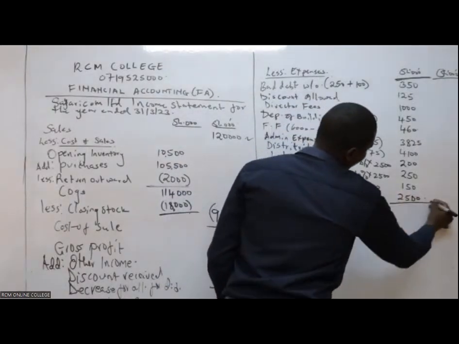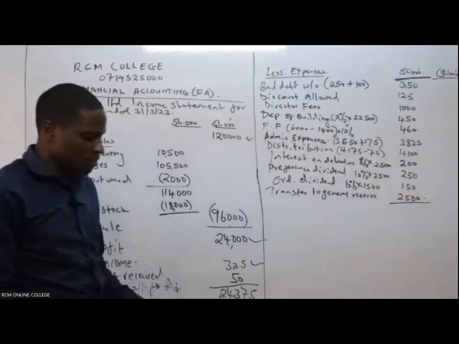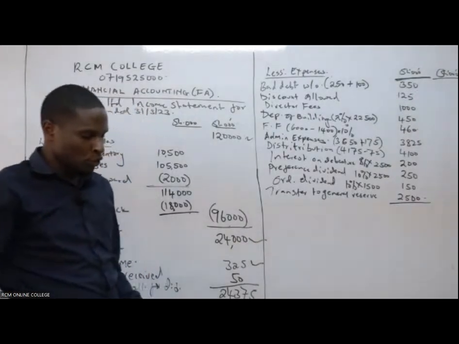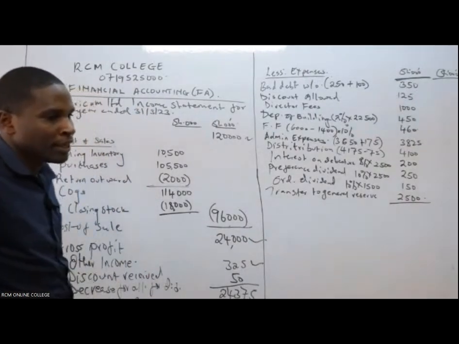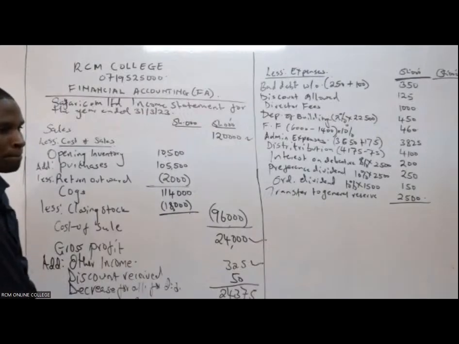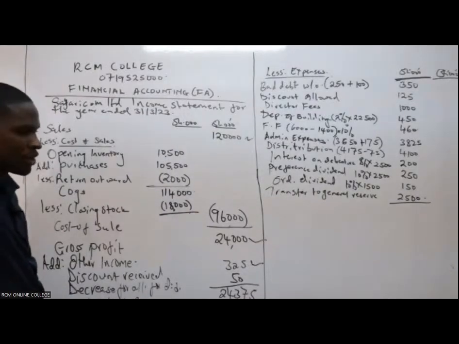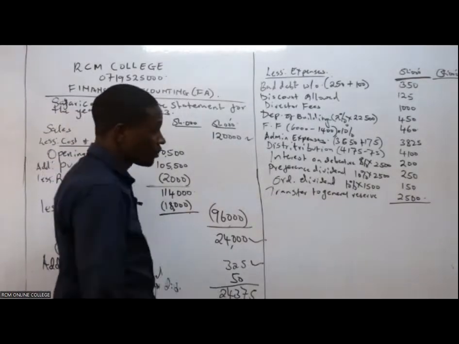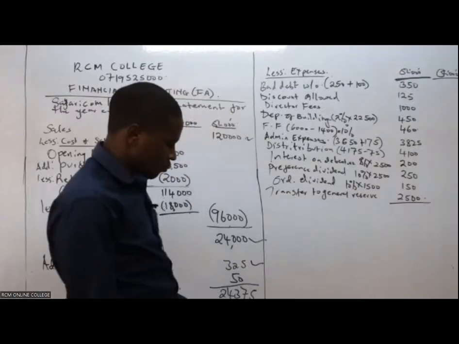And then you have to add and tell me what our total expense will be. Give me the total expense, so that we are able to subtract it from the total profit and get the net profit.